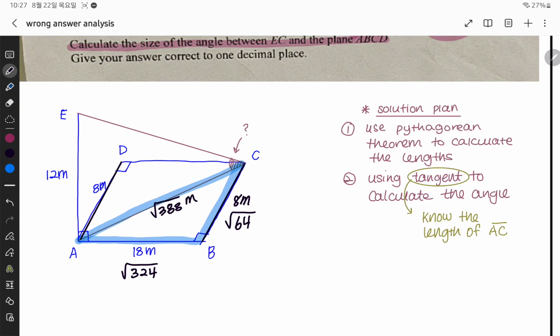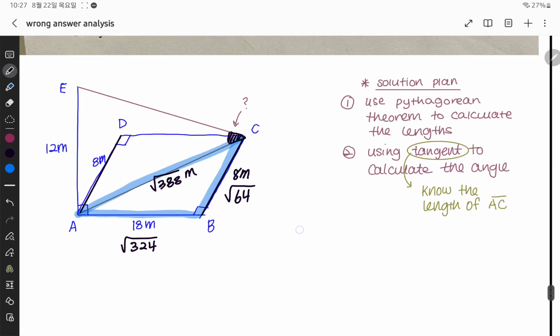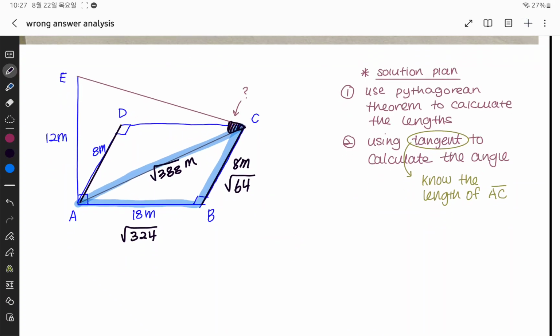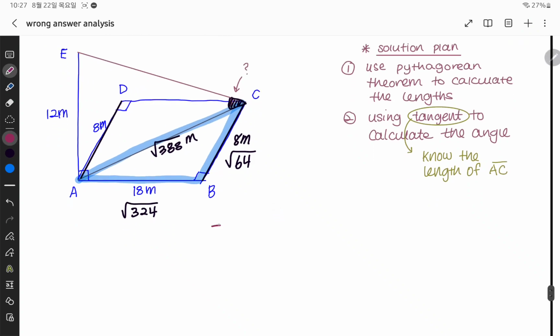And since we know the length of AC now, we can use the tangent and calculate the angle that we need to get, right? Okay, how do we use the tangent? We are going to actually use the inverse tangent and plug it into our calculators.